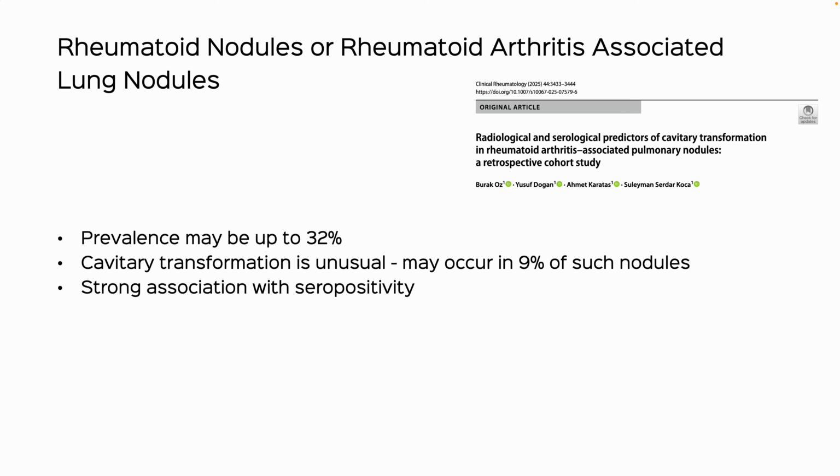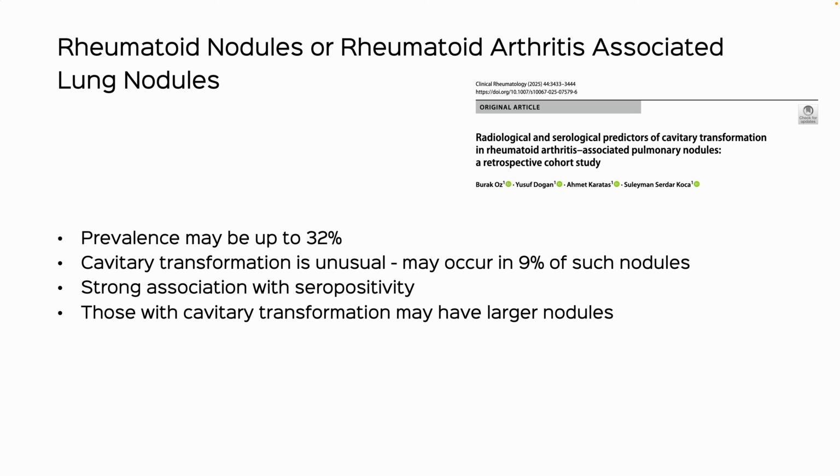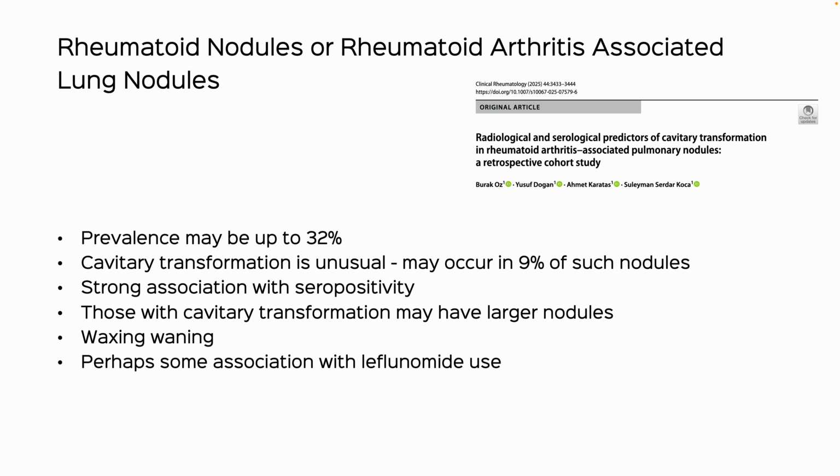If there is cavitary transformation, that's strongly associated with seropositivity, both anti-CCP and RA factor. Those who have cavitary transformation may have larger nodules, and they talk of waxing and waning. There are a whole bunch of papers that say there's possibly some association with leflunomide use. Our patient is taking that, and so maybe there is a case for changing the drug.